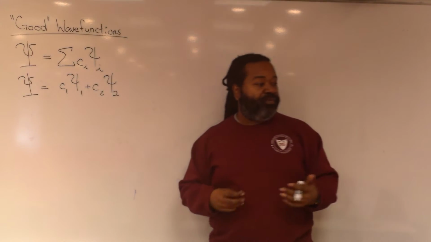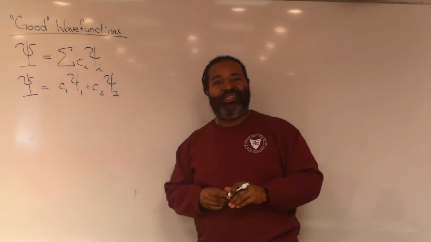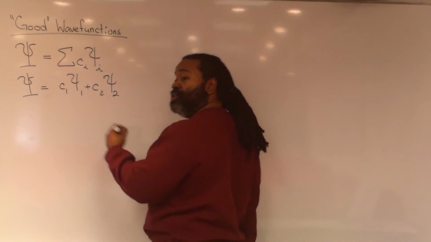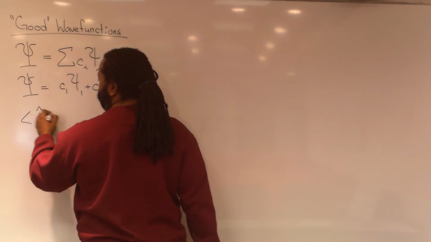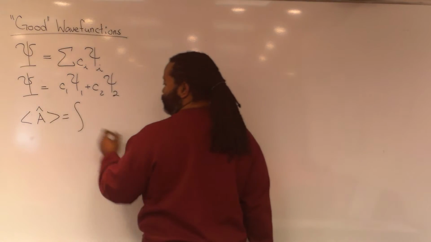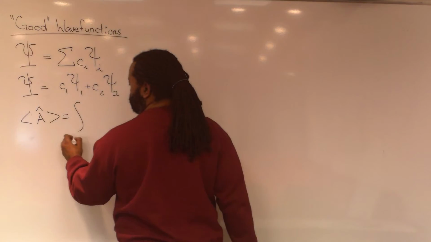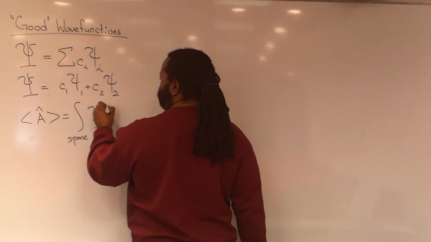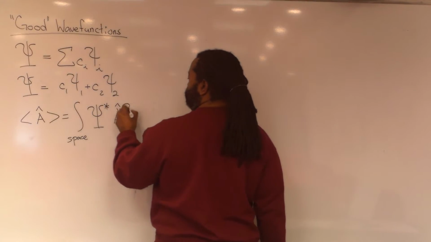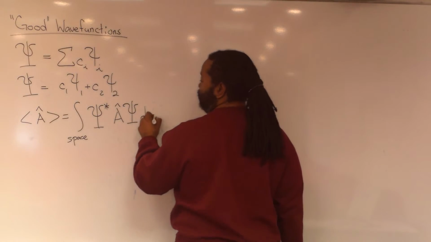So now, if we want to then figure out what the average value of some operator is, we have a rule for that. So we have some operator, and we would need to take the integral over all space, psi star operator psi d tau.